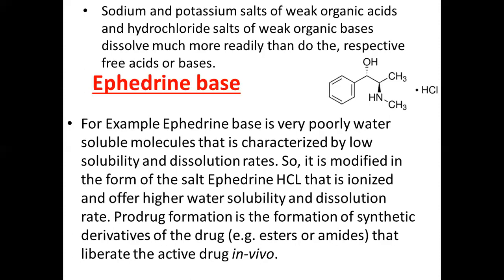Ephedrine is a base, and its solubility in water is very low, characterized by low solubility and low dissolution rate. So it is modified in the form of a salt, which is ephedrine HCl.